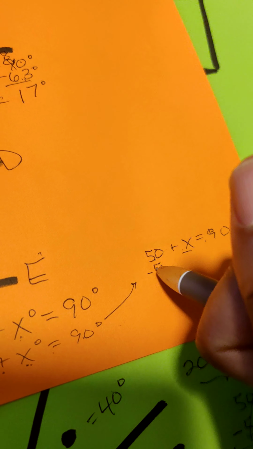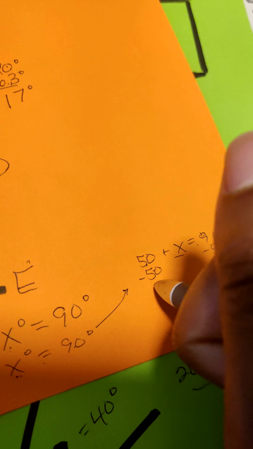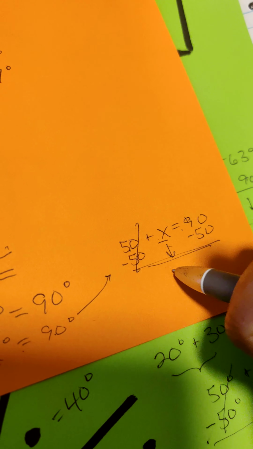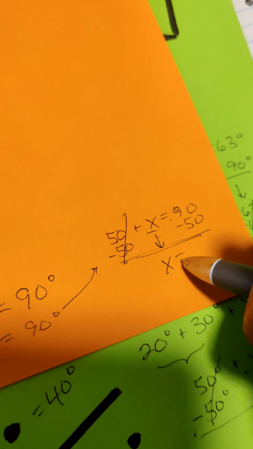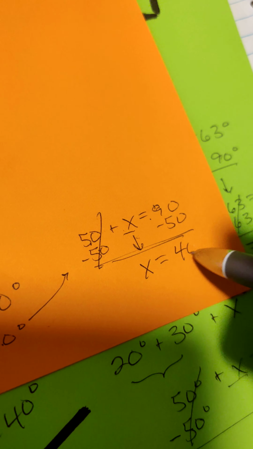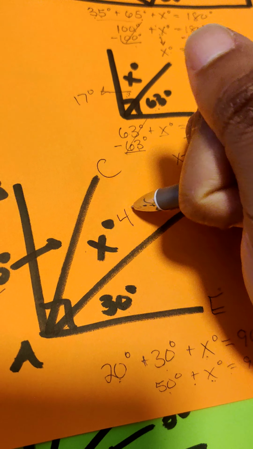Okay, so on the left side, take away 50. On the right side, take away 50. That cancels out. X comes down because we're not getting rid of it. It's actually going to tell us the answer. And then through basic subtraction here, we have 40 degrees. Our missing angle is 40 degrees.